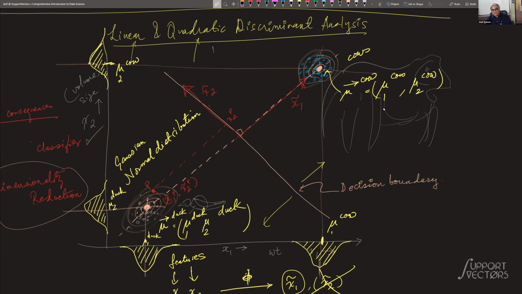When you do a perpendicular bisector, it becomes a very natural decision boundary. This sort of approach is called discriminant analysis. Here we have built a linear decision boundary. Now I'll show you there's a variant of it where the decision boundary can be quadratic or nonlinear. But to get the intuition right, this is it.